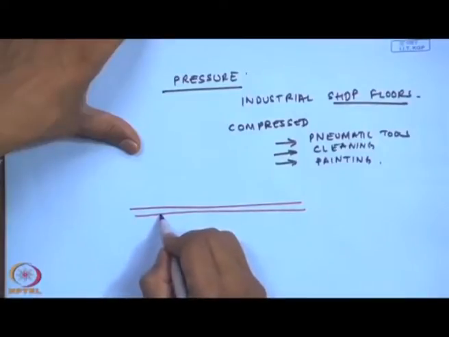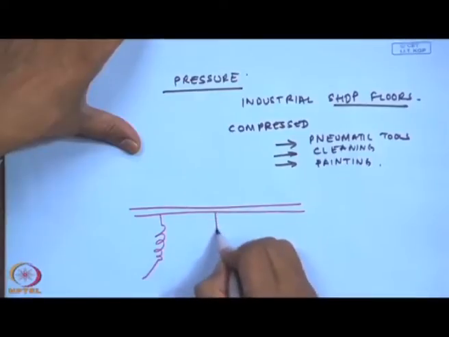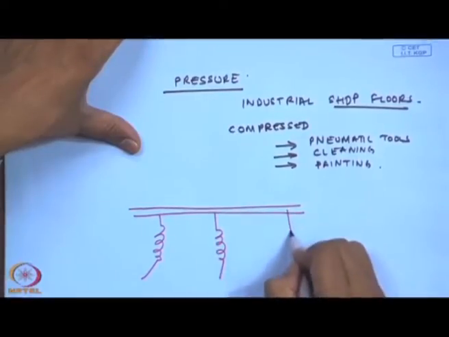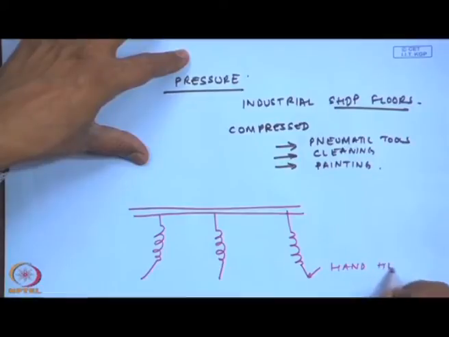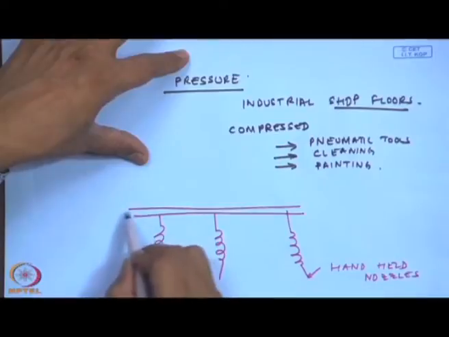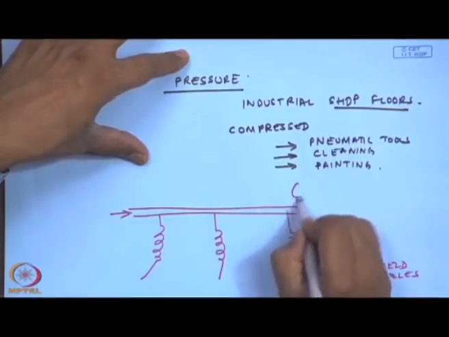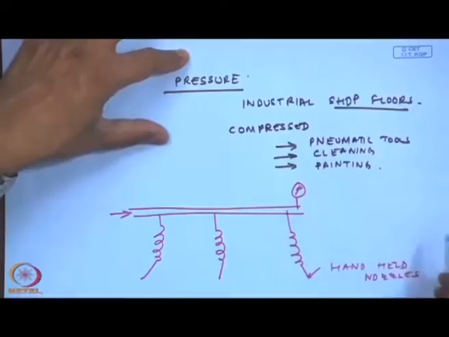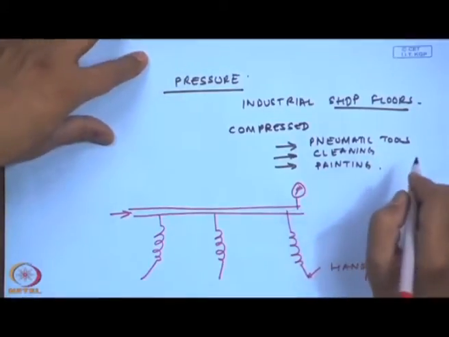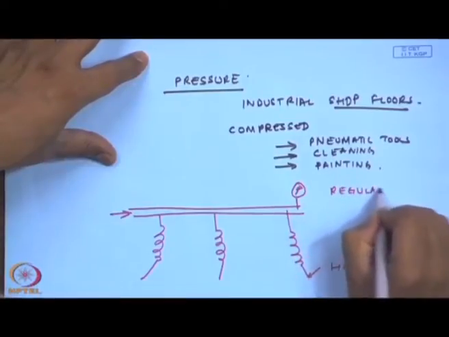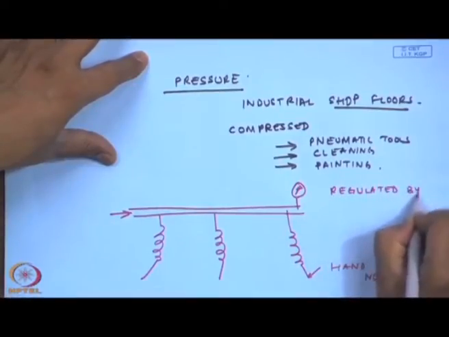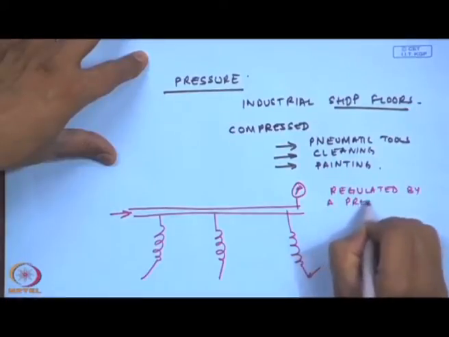out of which these coil kind of things are coming, and they are handheld nozzles. And whenever there is a fall in pressure beyond a certain line, and these compressors are actually regulated by a pressure switch.